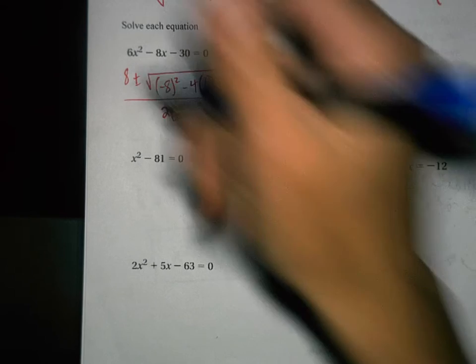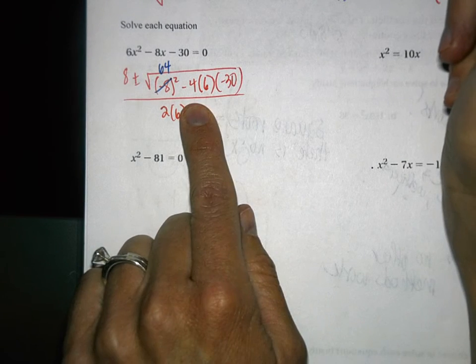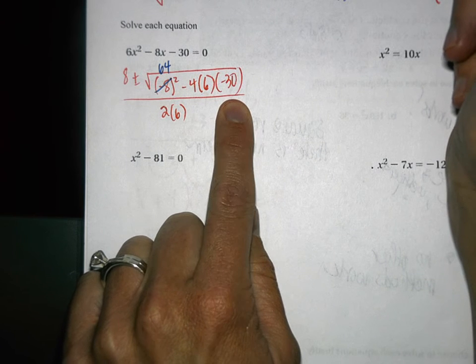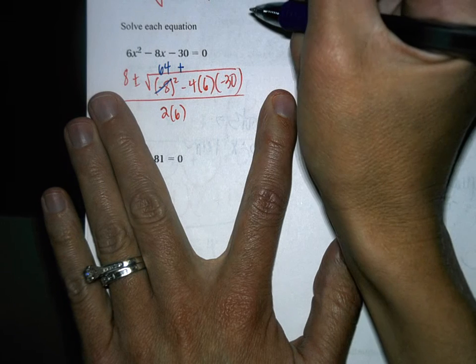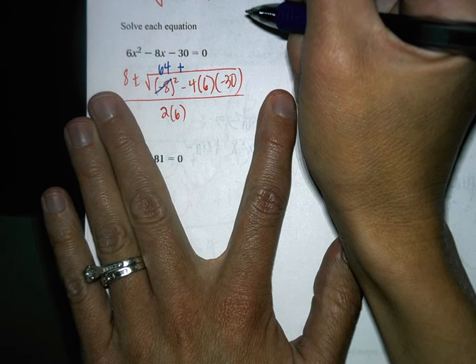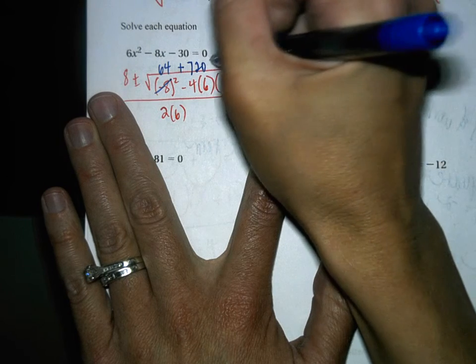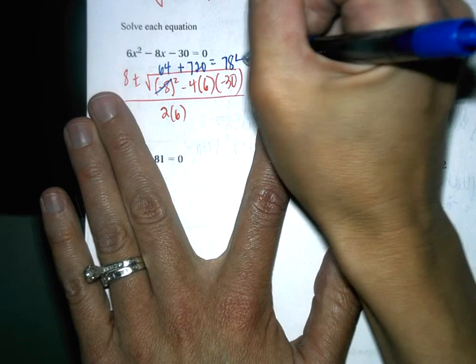Okay, so I go through and simplify. Negative 8 squared is 64, and then I have negative 4 times 6, which is negative 24, and negative 24 times negative 30 is 720, and we add those together and it equals 784.